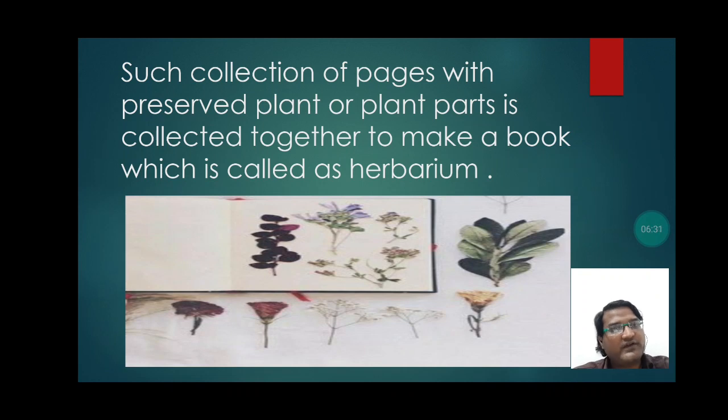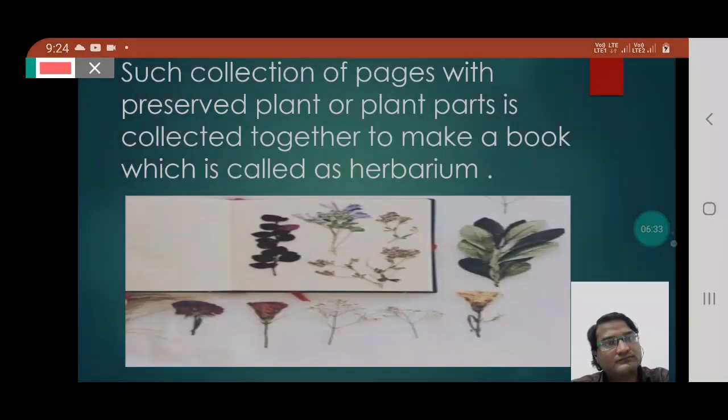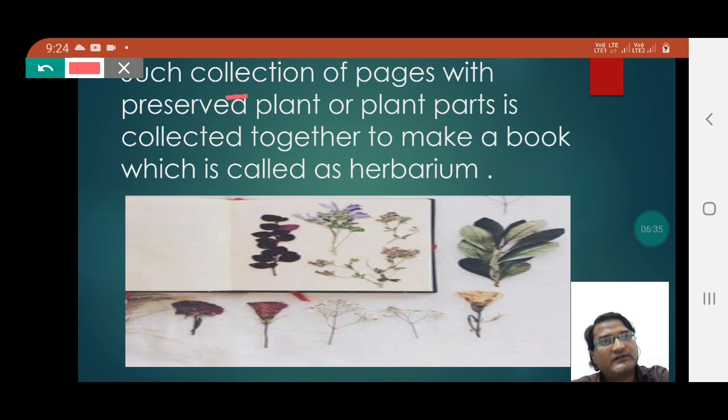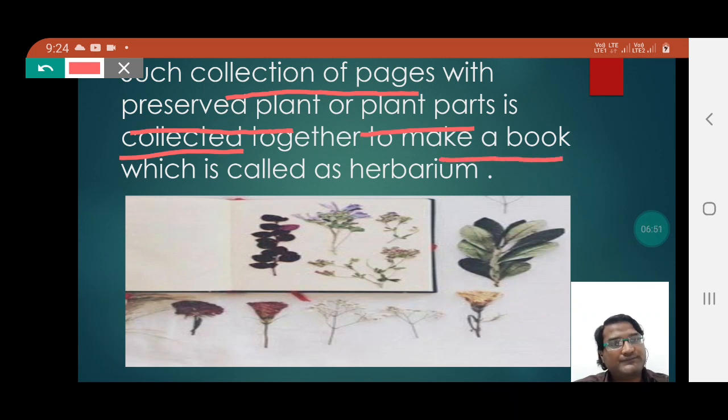So students, here you can notice that the collection of pages with the preserved plant or plant parts is being collected, and this collected pages of the preserved plant and plant parts makes a book, and this book is called as herbarium.